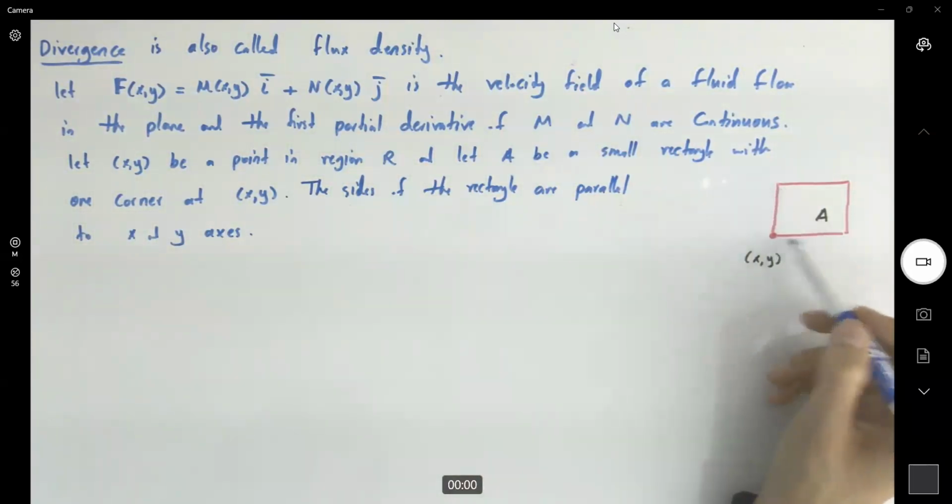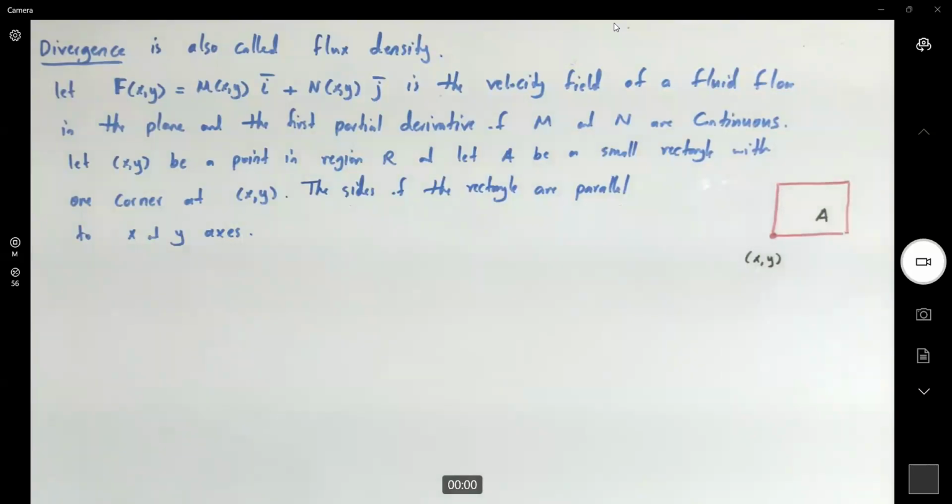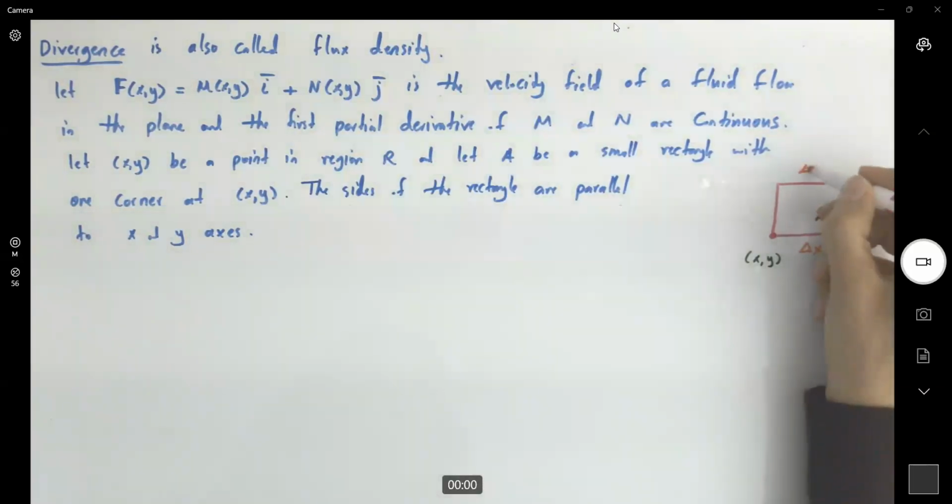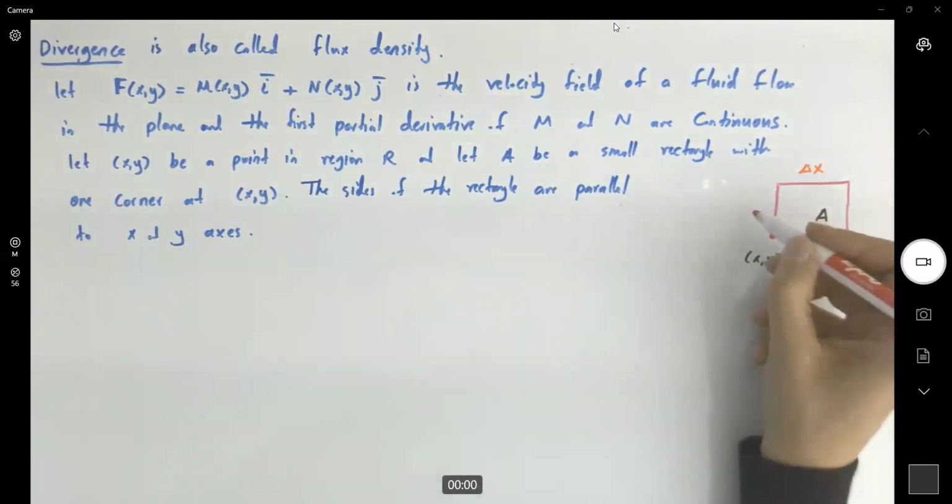So if we want to work with these sides, let's just represent them by delta x and delta y.